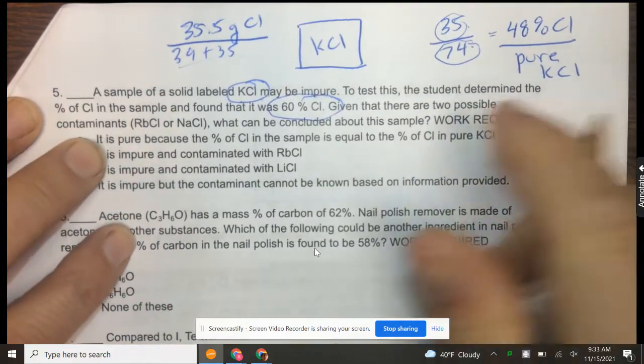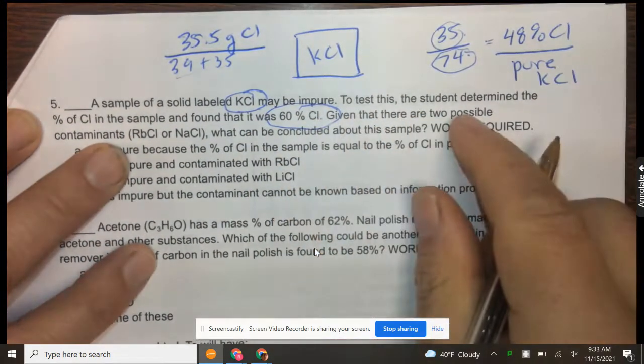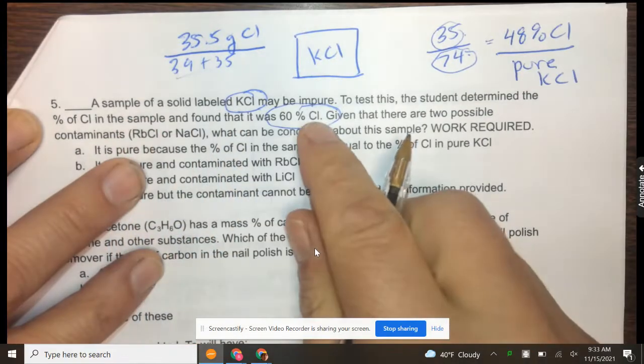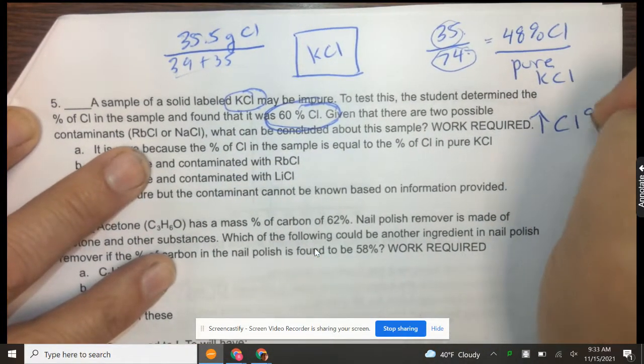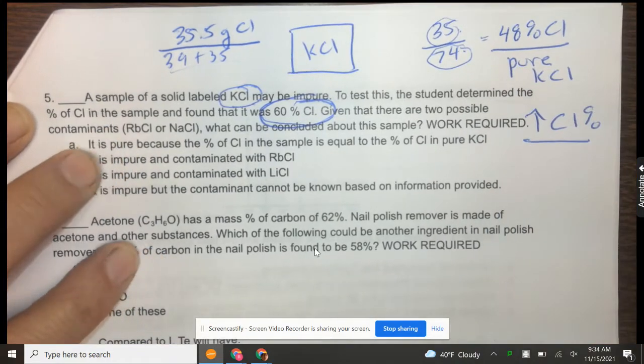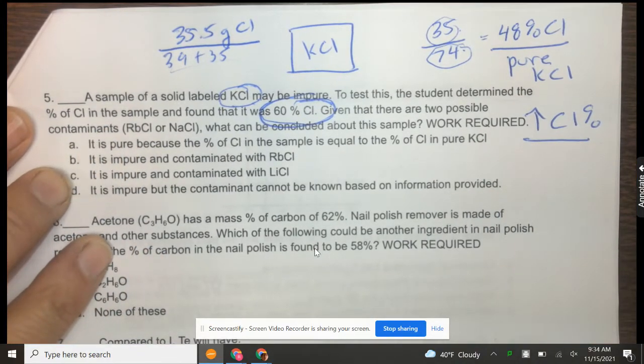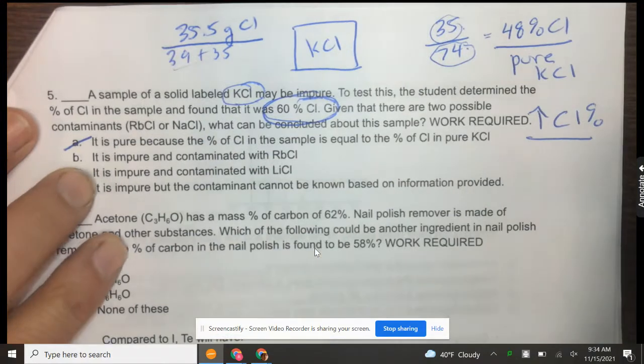All right. Now, it says that the percentage of chlorine in this sample is 60% chlorine. So we have a bigger percentage of chlorine than we should. So it's definitely not pure KCl.